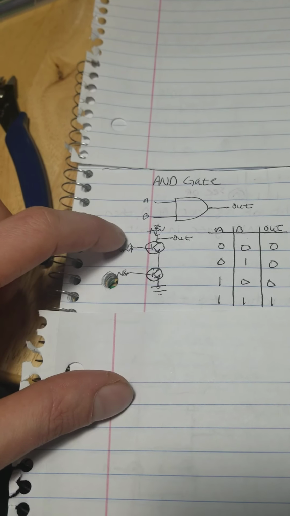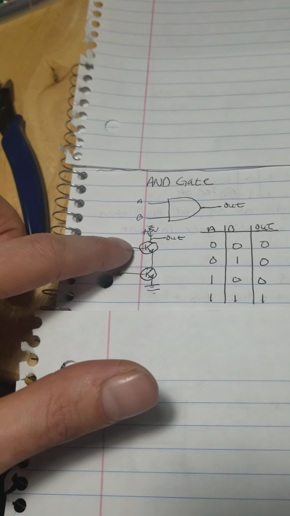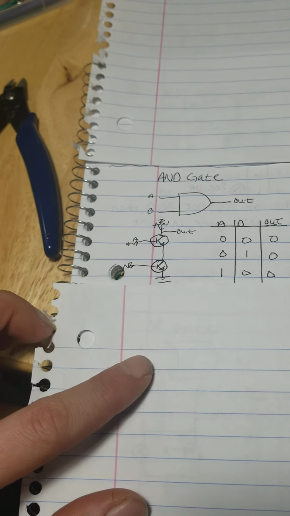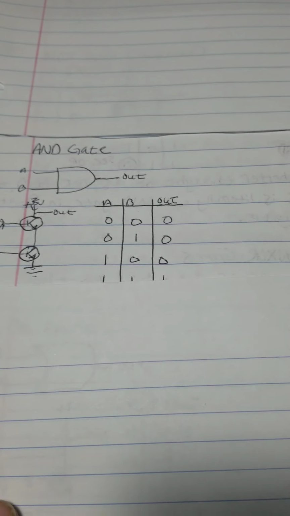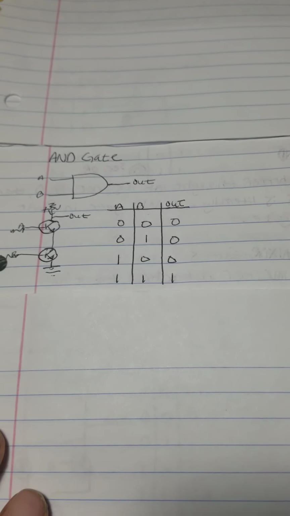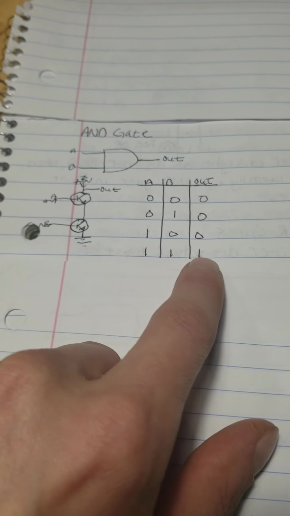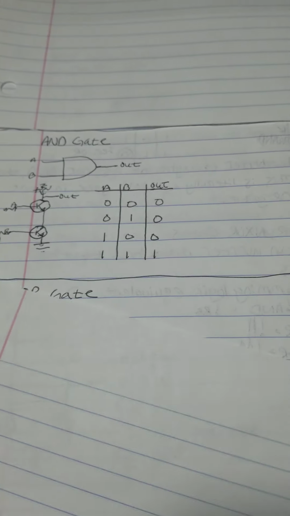Or likewise, it works the same way on this other one. So if this one's on and this one's on, straight out here, so that will give you the desired result for that. So both inputs have to be on to get a 1 out of it. So that's what our truth table says for this guy.